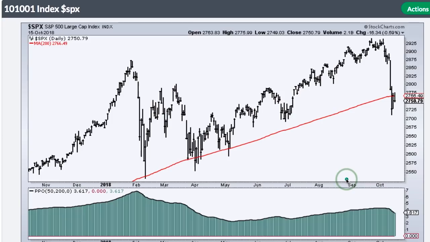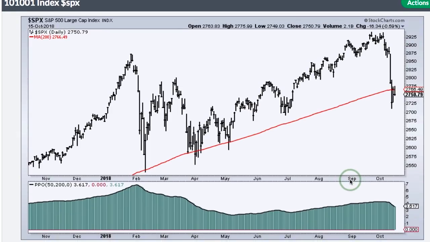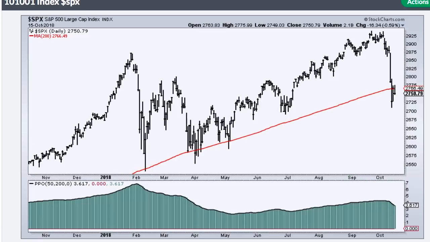Now I've got 5 major indexes and the 200-day, and then below I've got the 50, 200, 0 PPO, which tells you the difference between the 50-day moving average and the 200-day moving average. And so we can see here, there's the S&P 500 moving below its 200-day moving average for the first time on a closing basis since this early April period.